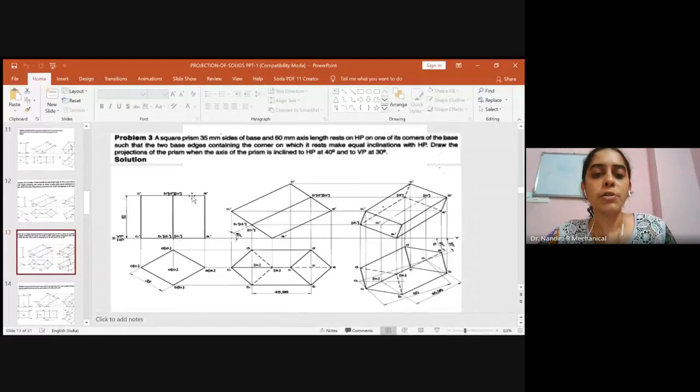Using the compass, keep 60 mm, fix one end at the point over here and cut an arc on this 30 degree line. So this is our 30 degree line. On this 30 degree line, from O, you will cut an arc. So it meets here. So this is our O1, right? So O to O1 is the true length for which we have now cut an arc.